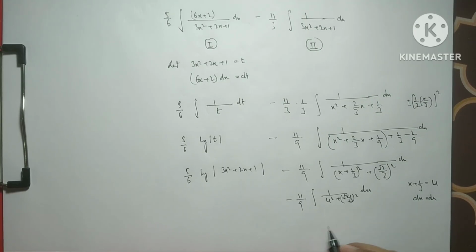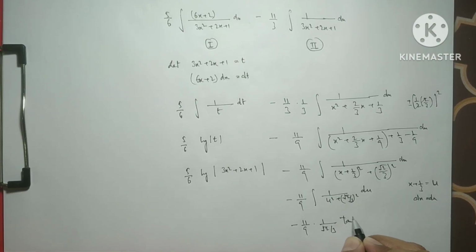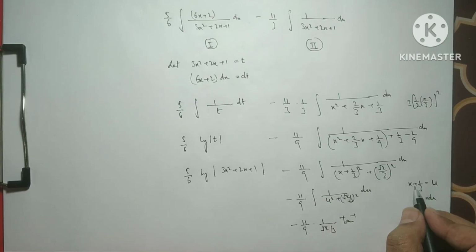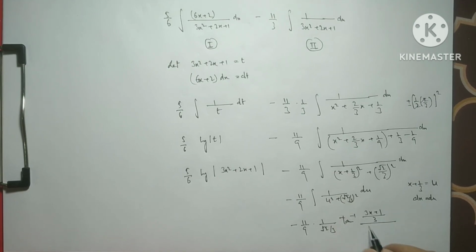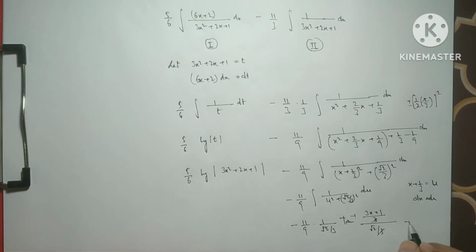Now this is the formula of tan inverse. So it will be 1 over root 2 by 3 tan inverse u. U is x plus 1 over 3. On taking LCM, it is 3x plus 1 over 3 divided by root 2 by 3. So 3 and 3 cancel.